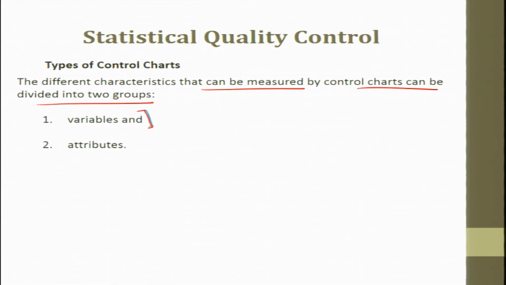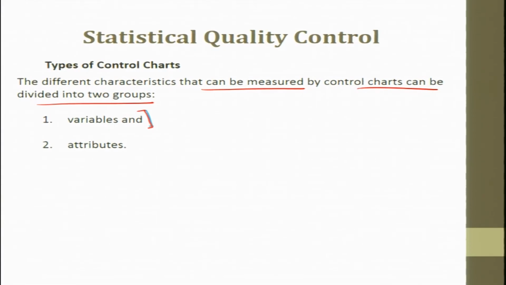A few examples that I could quote here: a soft drink bottling operation is a kind of variable measure, since the amount of liquid to be filled in the bottle has to be measured. The volume has to be measured, then we know this much volume is there, then we close the bottle.